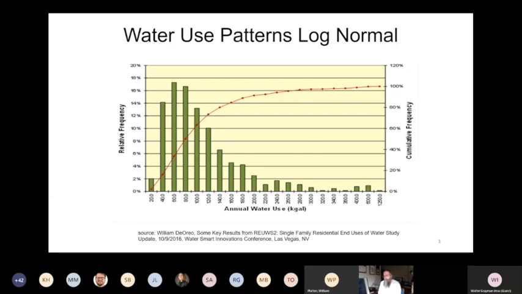And then it tails off and tails off and tails off. So that's the question Steve was just talking about: how do you find the 99% when you're using it for sizing? If you're using it for operations and energy calculations or water budgets or things like that, you're probably going to be down more near the peak. And these patterns are not normal distributions. They're closer to log normal or something like that. Next slide.